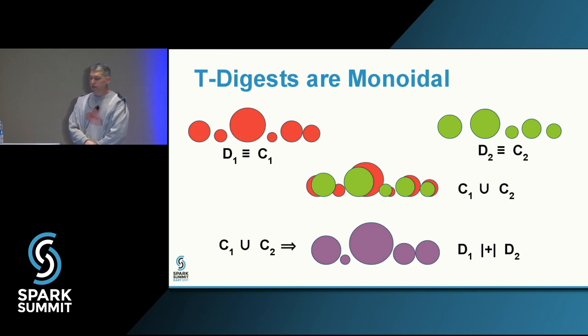So T-digests act like monoids. How many people here actually know what a monoid is? Oh, okay, a few people. If you don't, it's not a big deal. Really all it means for our purposes is that you can take two of these T-digests and then just combine their clusters, as you see in the middle, and insert them into a new empty cluster to get a new combined cluster that represents the data that was present in both of them.